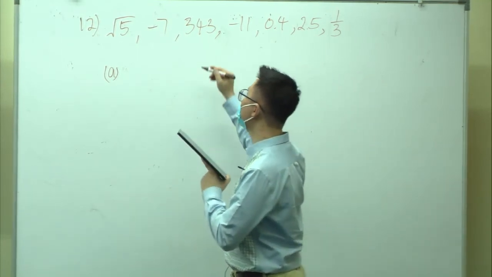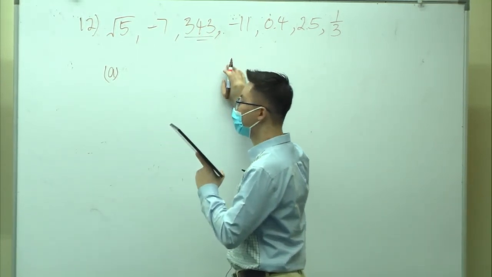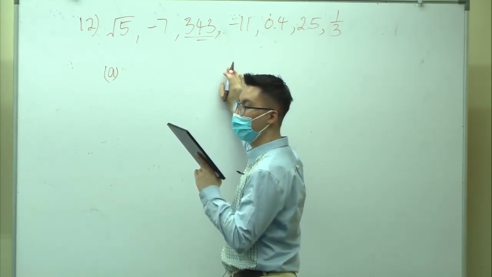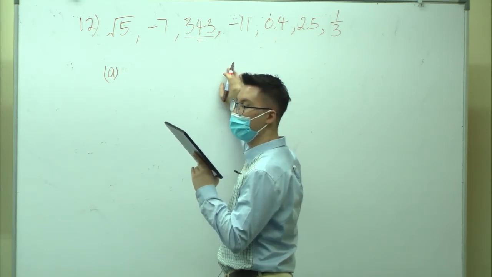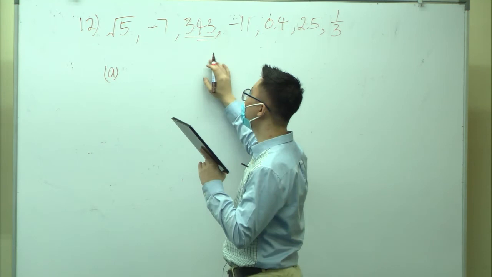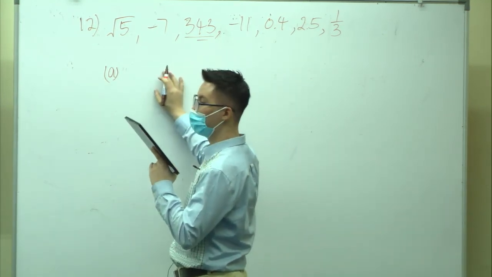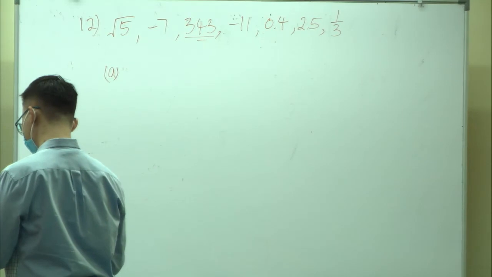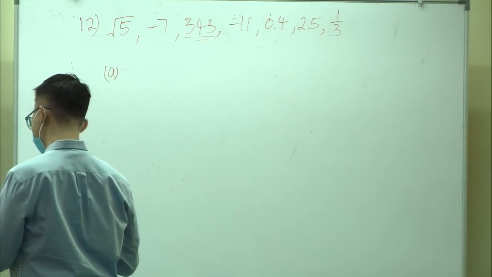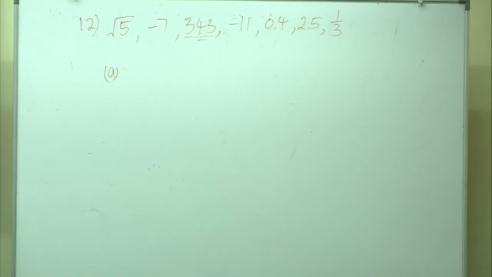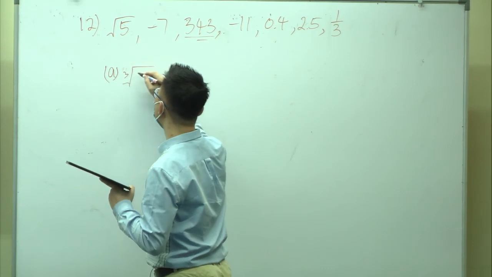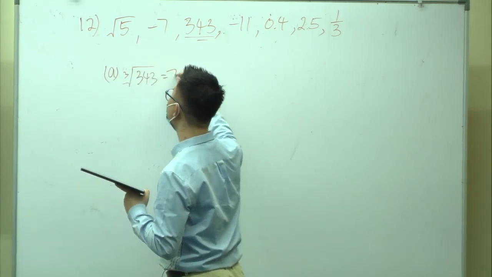So 343 is a cube number, because when you take the cube root of this 343, you have no remainder left, no decimal. So this is a whole number. You should get a whole number. 3, 4, 3, if you take the cube root of 343, you will get 7.